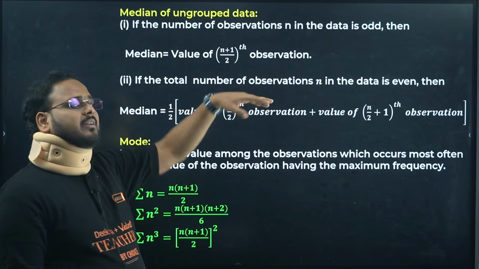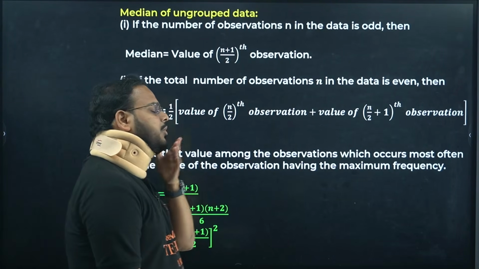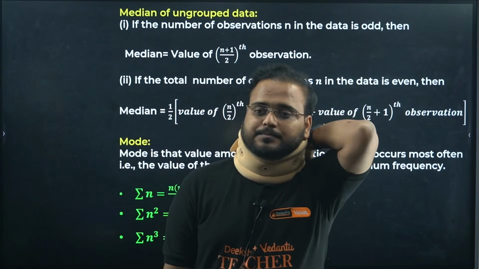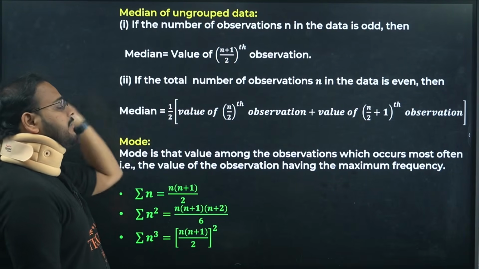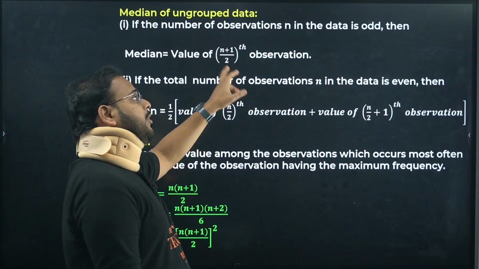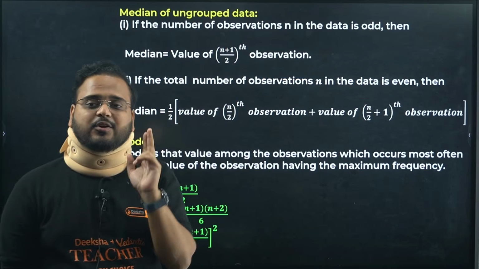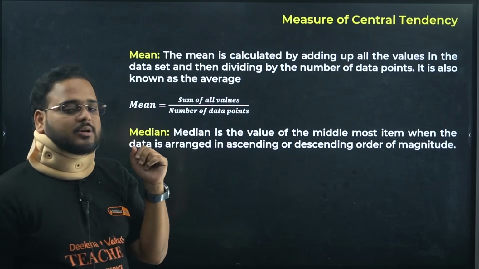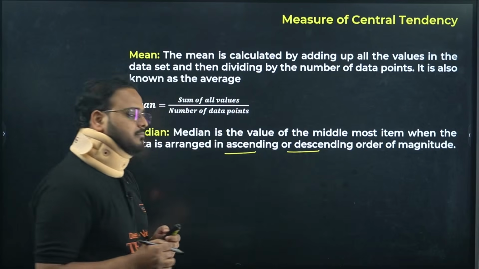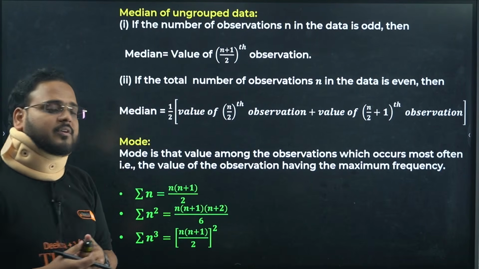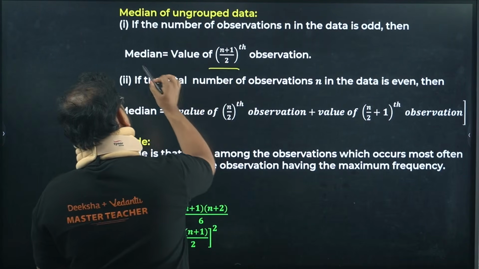If you have an odd number of terms n, then the (n plus 1) by 2th observation after arranging in ascending or descending order will be your median.